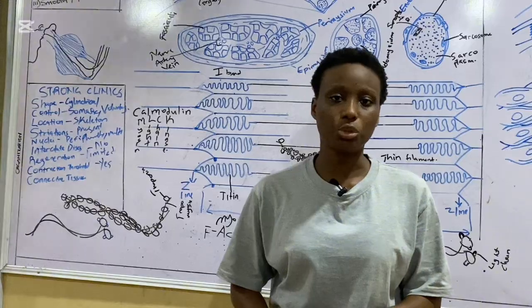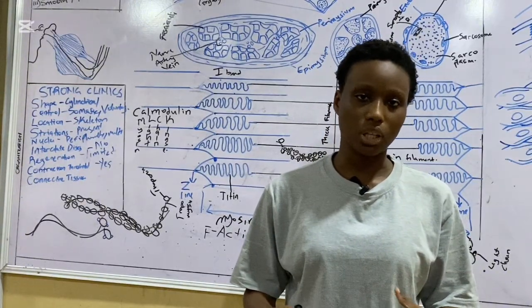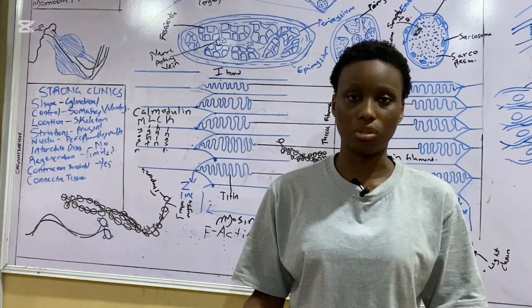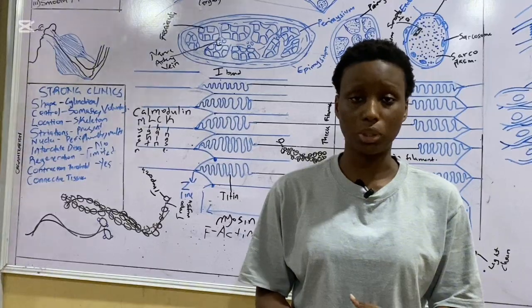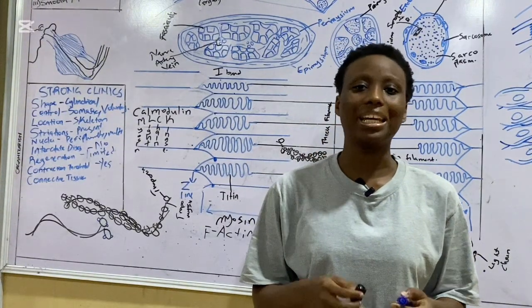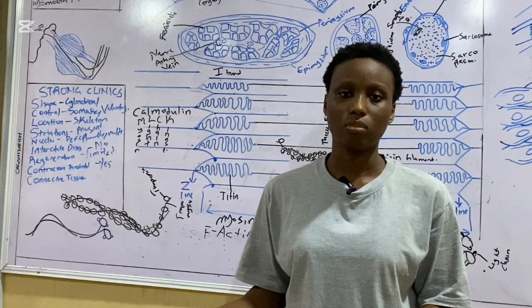The type of contraction in smooth muscle cells is rhythmic. This contraction, and the contraction in cardiac cells, can be affected by some specific types of hormones. These hormones are linked to whichever system it is.